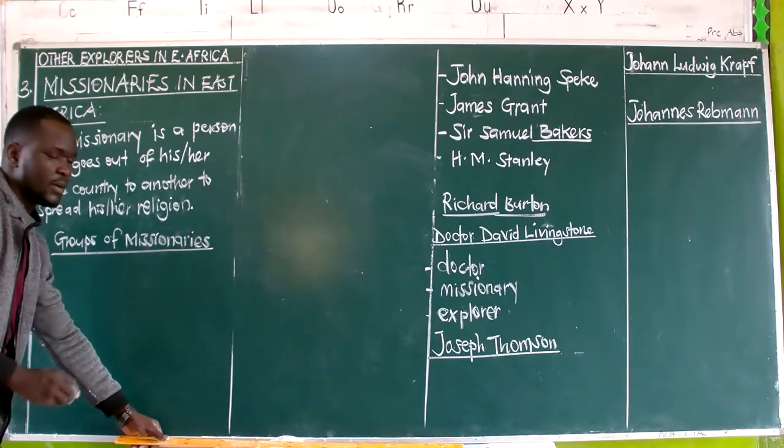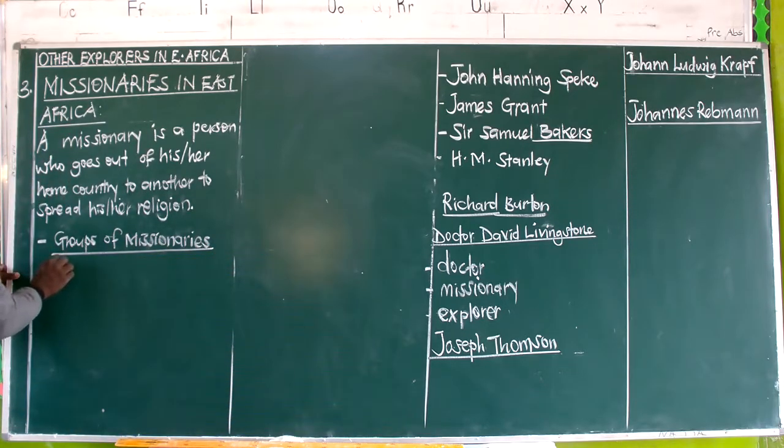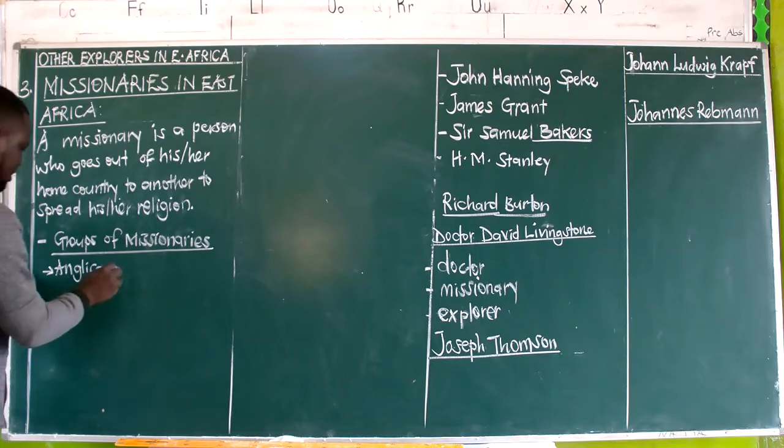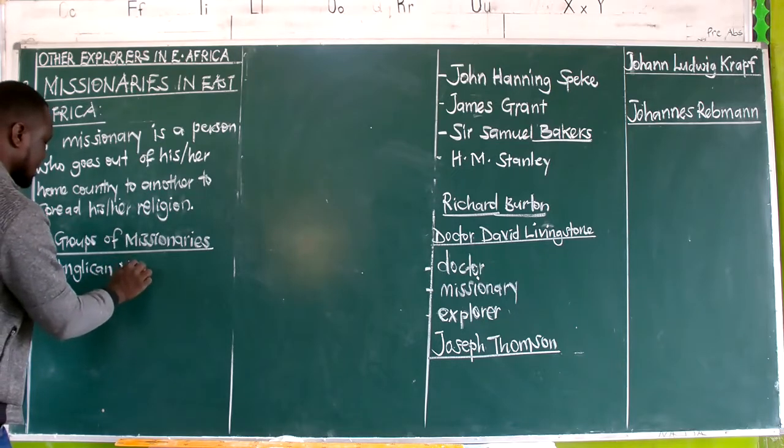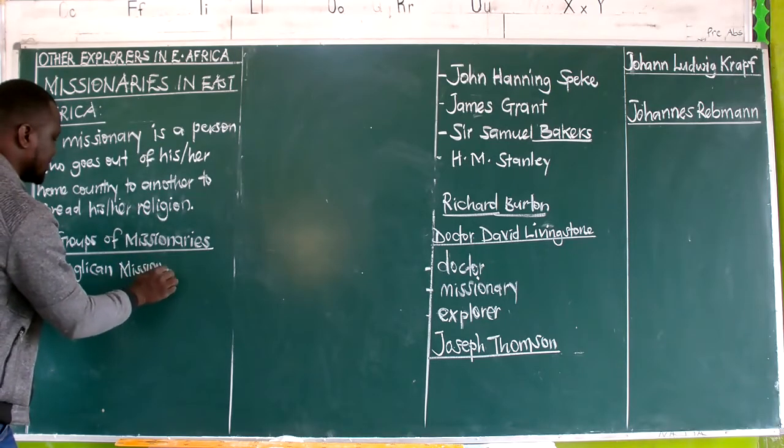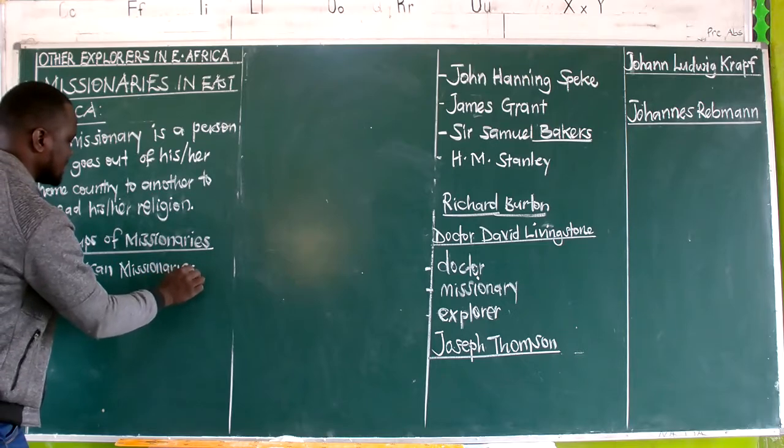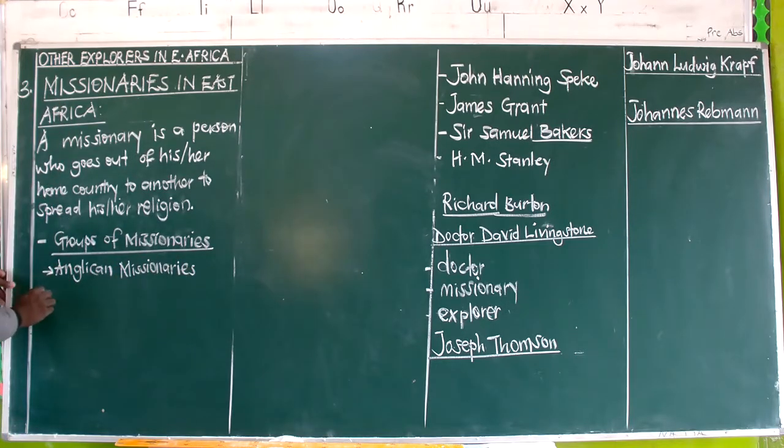We say there was the group of the Anglicans that we can call the Anglican missionaries. These are the ones some people write as the Protestants, better we say Anglicans.